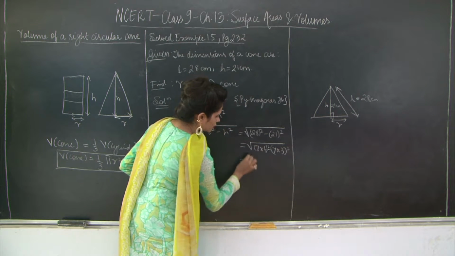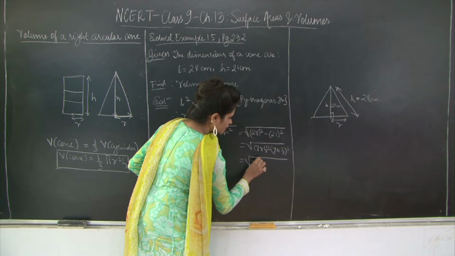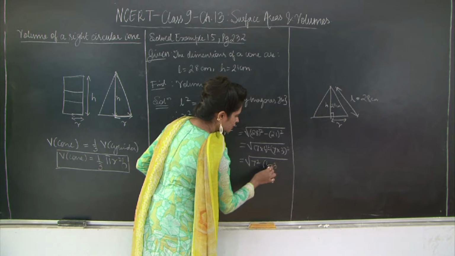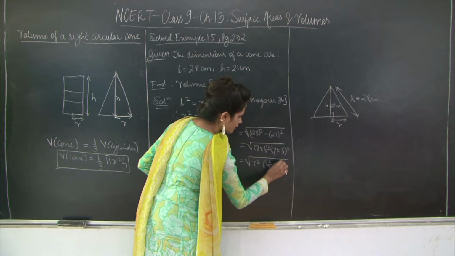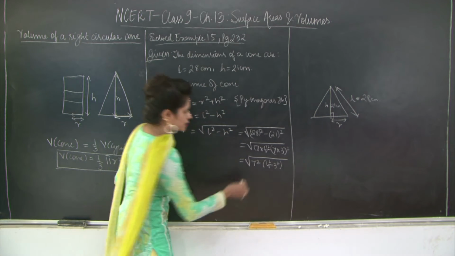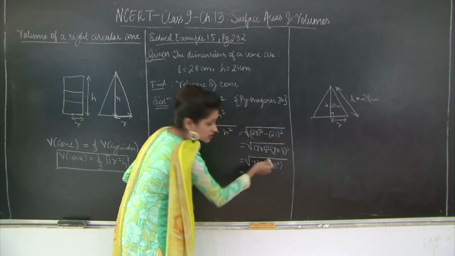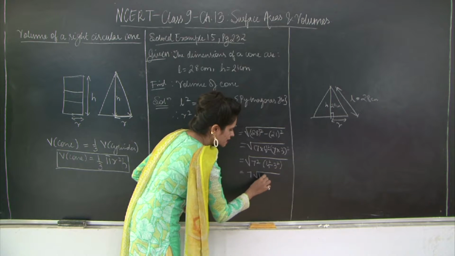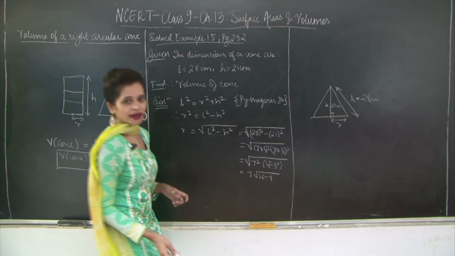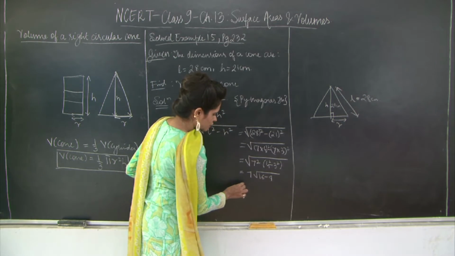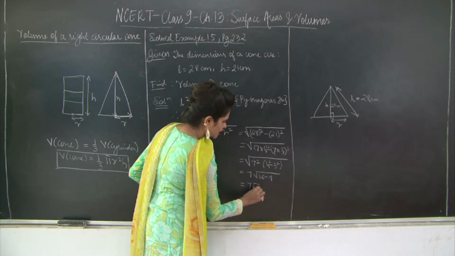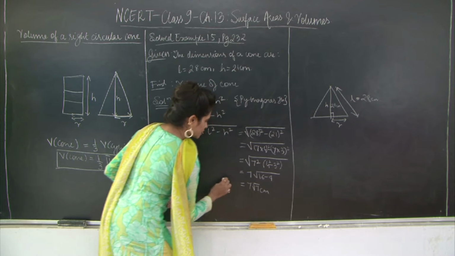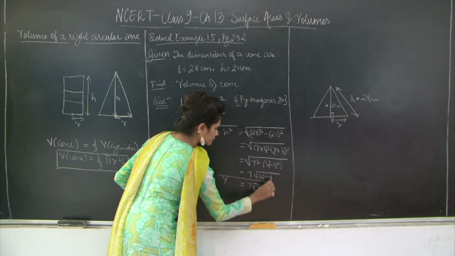So this is nothing but the square root of 7 square into (4 square minus 3 square), right? So 7 comes out and we are left inside with 16 minus 9. So 16 minus 9 is what? 7. So this is 7 root 7 centimeters. This is the radius r.